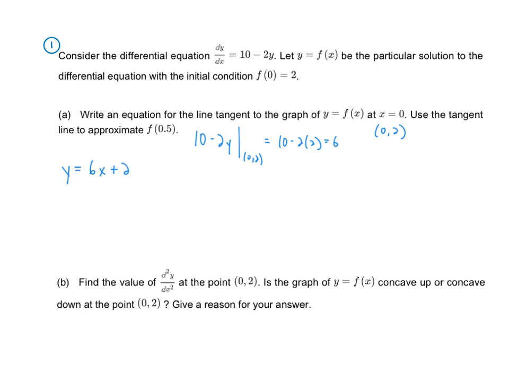And now we can plug in 0.5 into that. If you plug in 0.5, that's 5. So that means f of 0.5 is about 5.